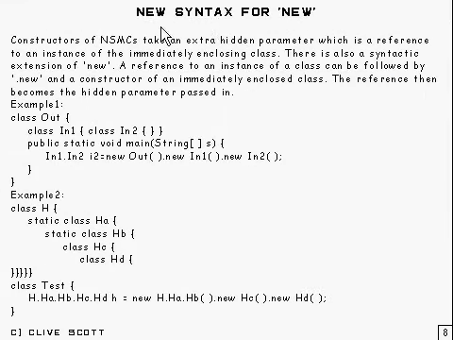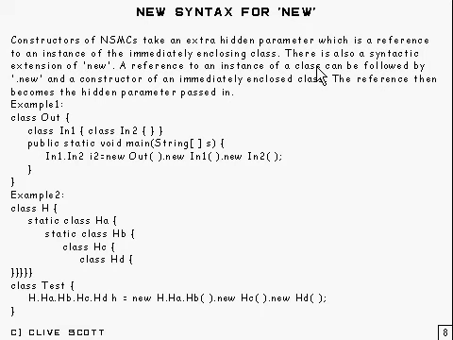There's some new syntax for new, which deals with this creation of inner classes, especially for that. So let's take a look at that. First of all, as you know, constructors of non-static member classes take an extra hidden parameter, which is a reference to an instance of the immediately enclosing class. Now, to deal with that, we've got this syntactic extension of new.